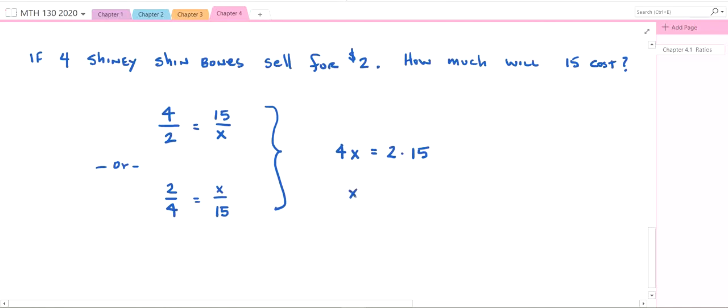So x equals 30 over 4, which is 15 over 2, which is $7.50. And that essentially is what section 4.2 is about. And with that, I will end this video on ratios.